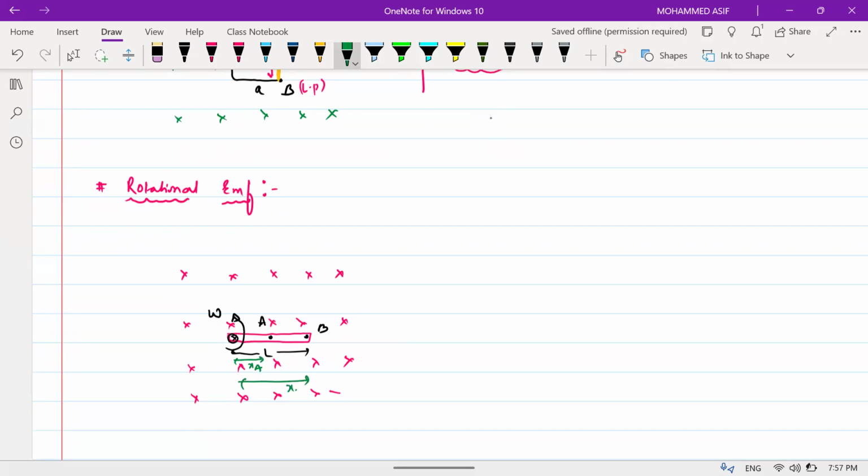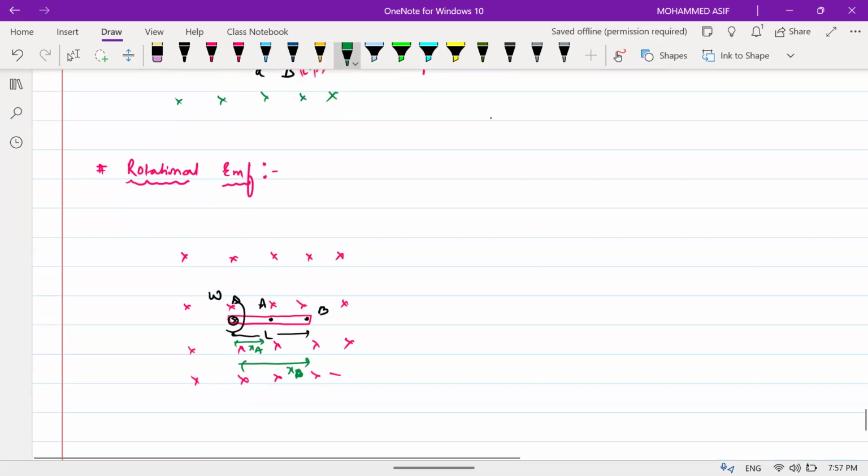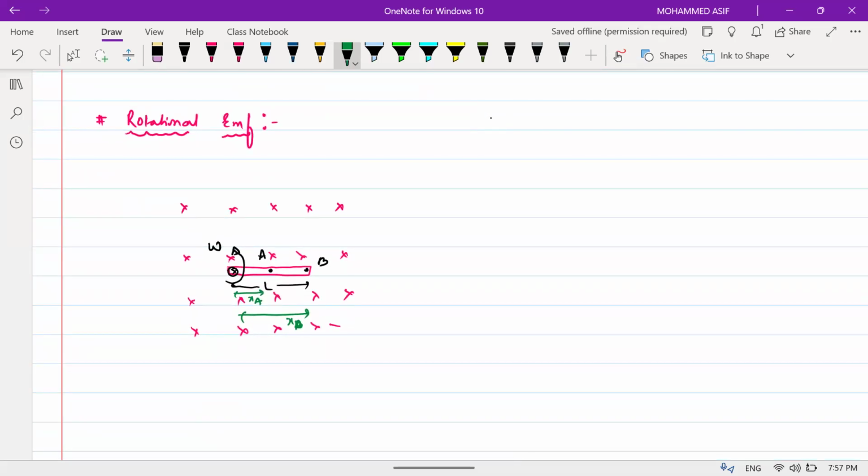So, whenever a rod is rotating in a magnetic field, this is XB. Just a minute. Did anyone remember the formula?